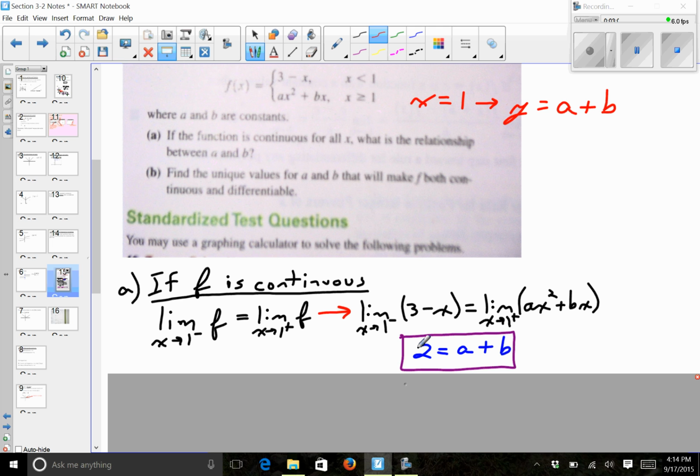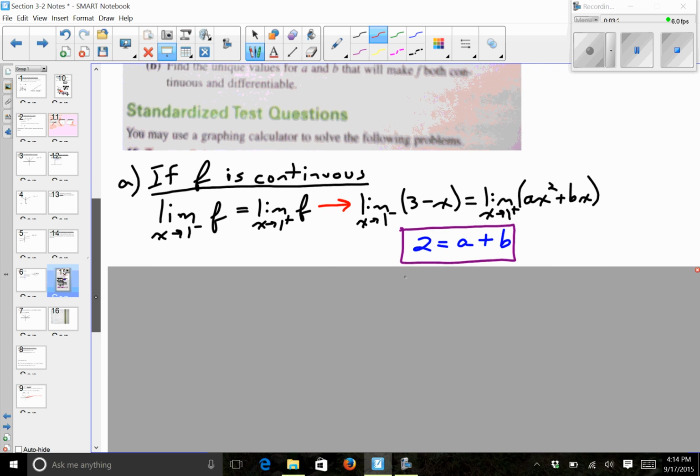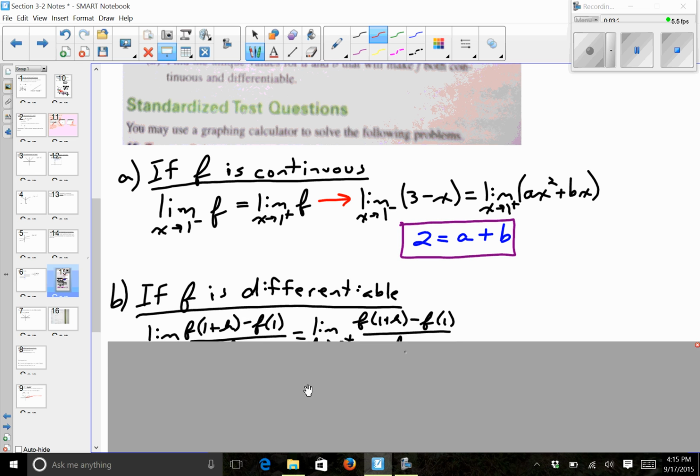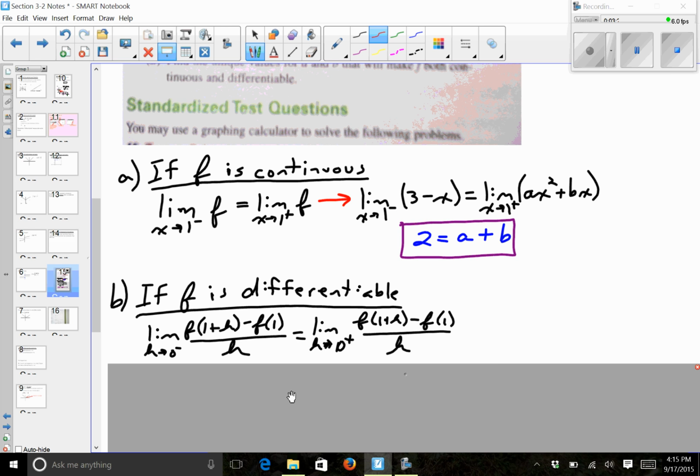So we know that now that a plus b must equal 2, we now have to deal with the differentiable part. And specifically, again, we have to worry about when x is 1, where the pieces meet. So this is where our one-sided derivatives come into play. So in order for our function to be differentiable at 1, the left-hand derivative must equal the right-hand derivative.